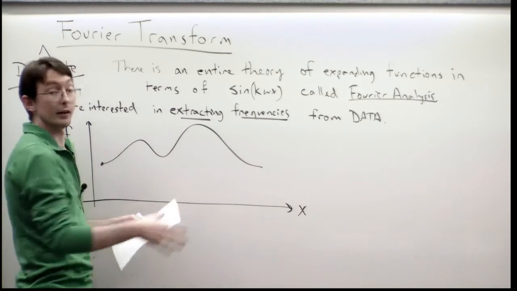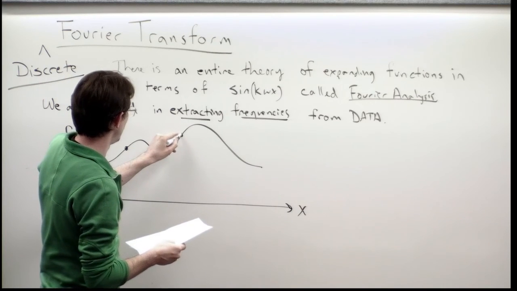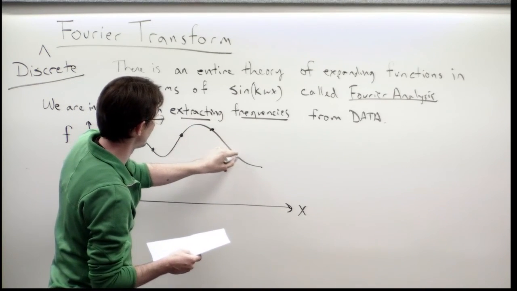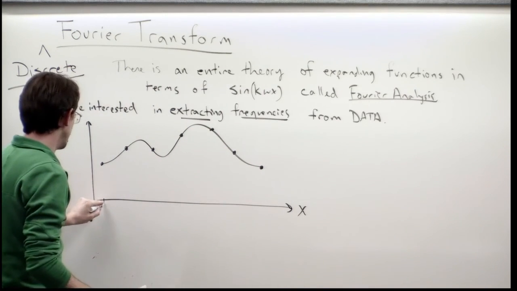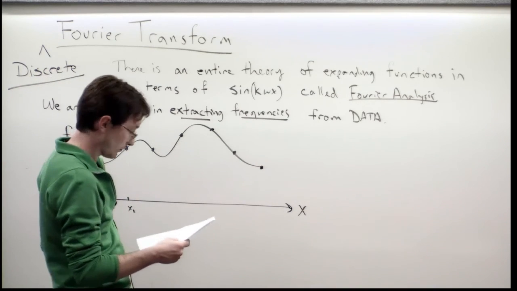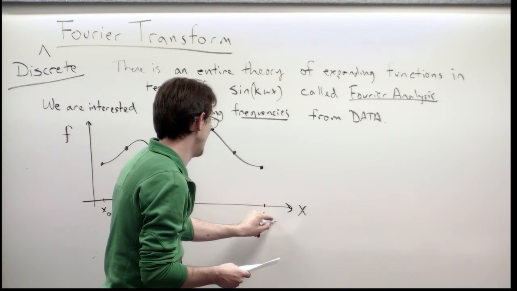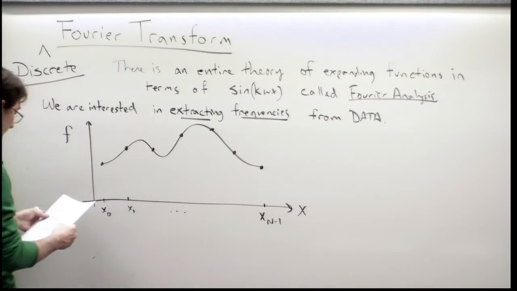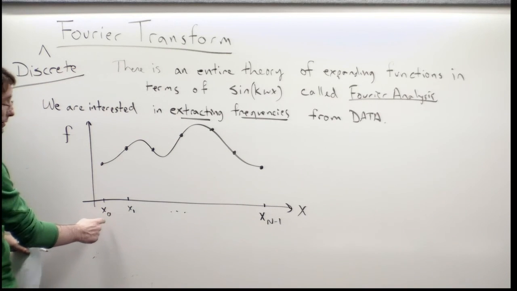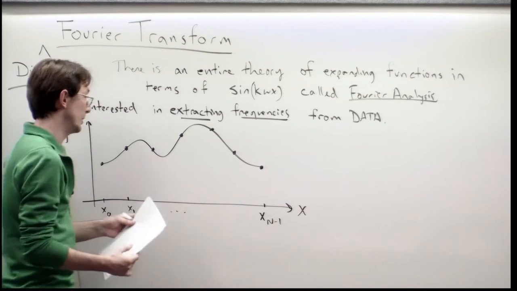It's just data at this point, right? I have a bunch of data defined at points x0, x1, all the way up to x big N minus 1. If you count this, this is a total of big N data points.